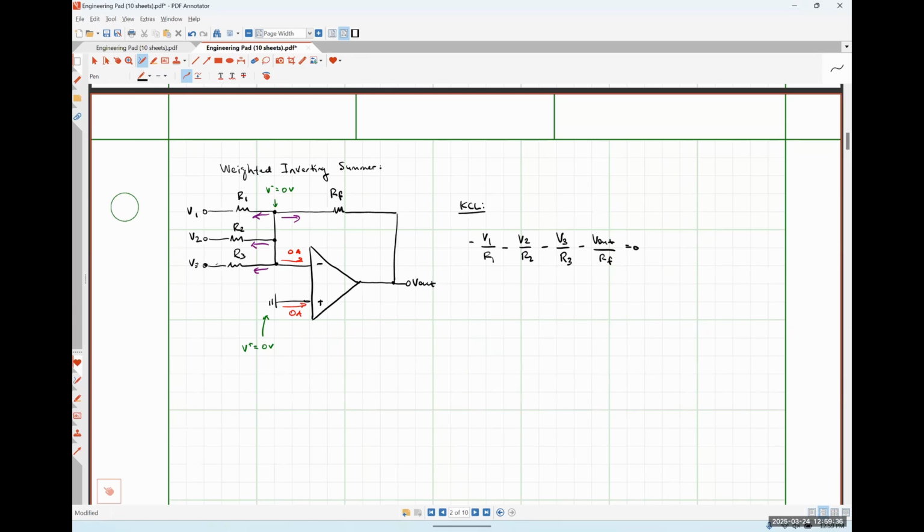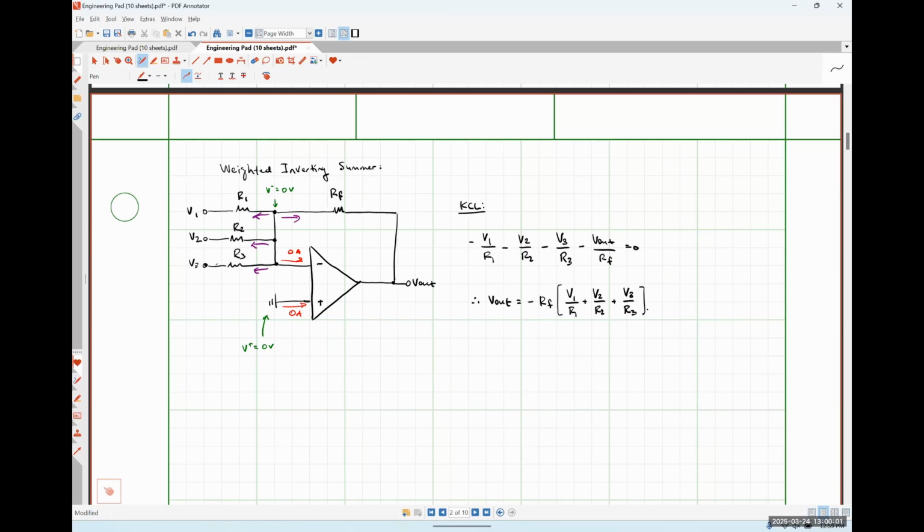And then I can rearrange that and find that V out is going to be equal to negative RF times V1 over R1 plus V2 over R2 plus V3 over R3, and so on and so forth.